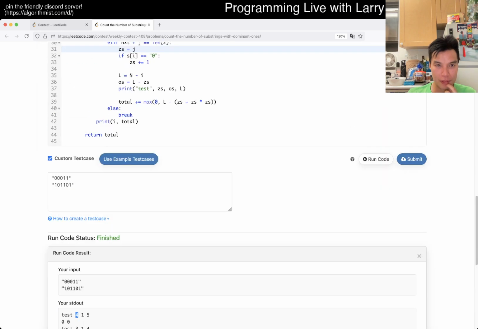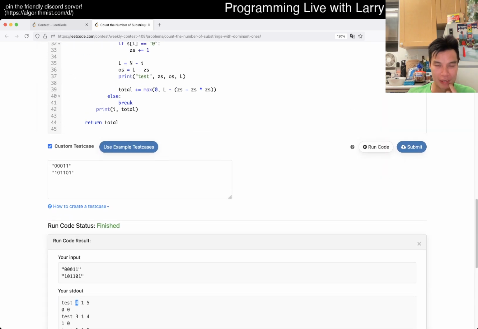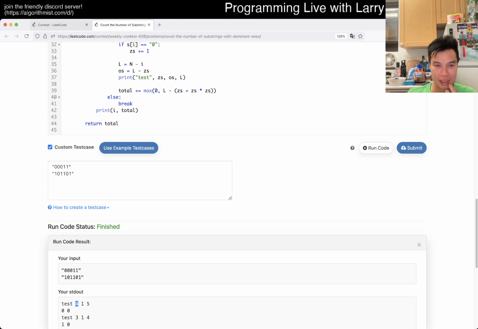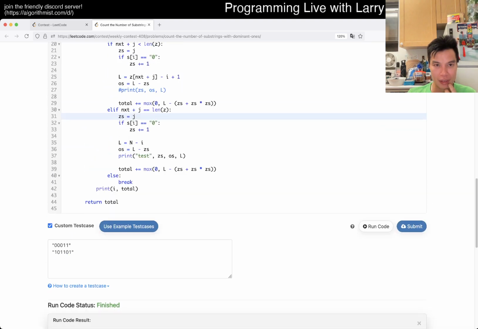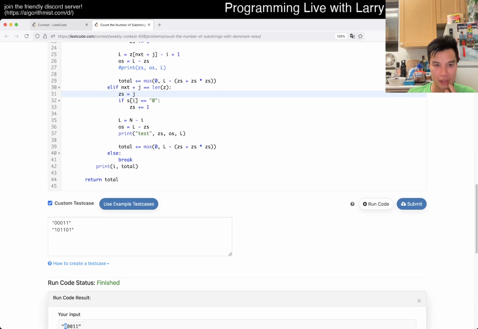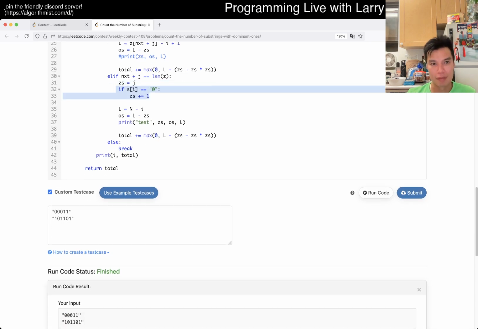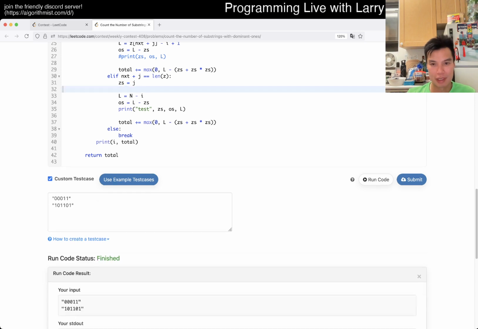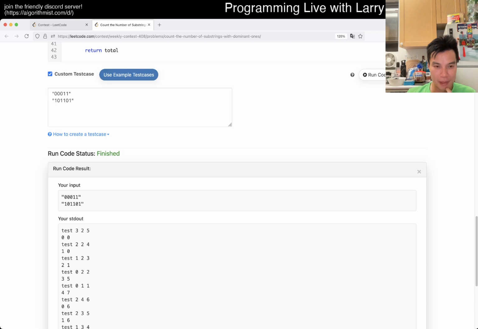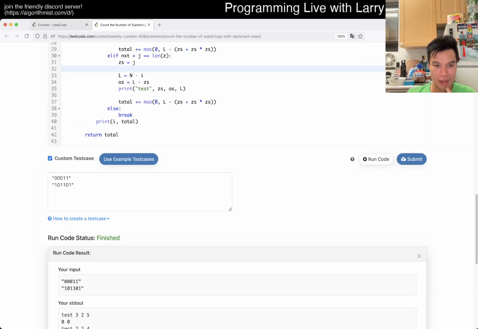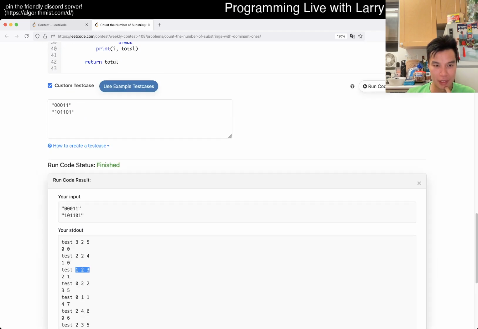So you have 4, 0. Now that's not even right, because you have this, and then you have 0. Oh, because of this thing. Maybe you don't need it here. Okay, but still overcounting. We have 3 zeros, 2, 0, 2, 2, 4, 1, 2, 3.